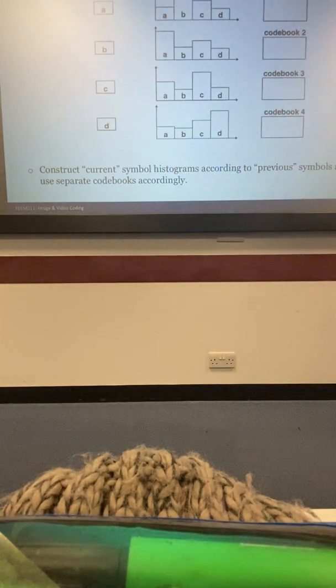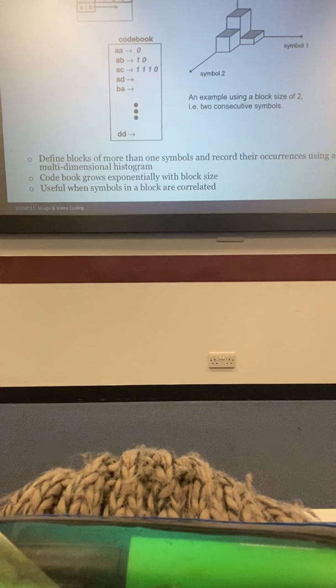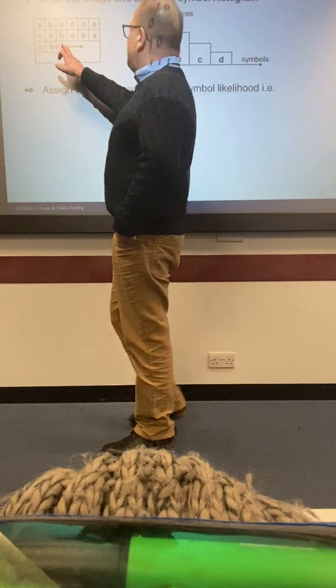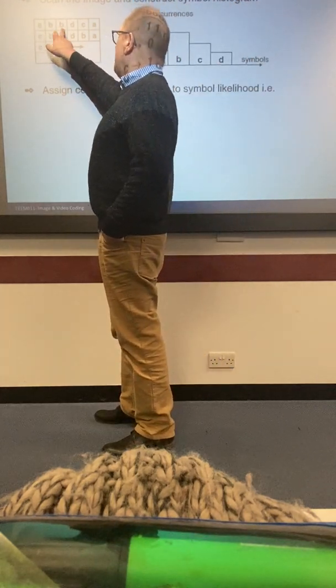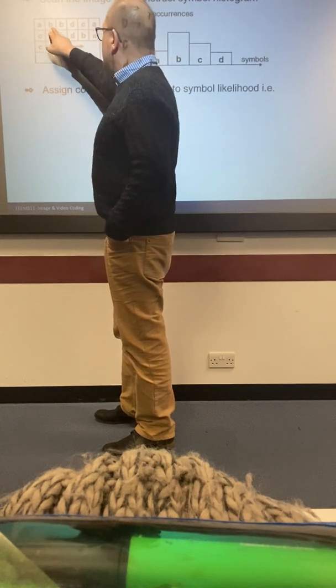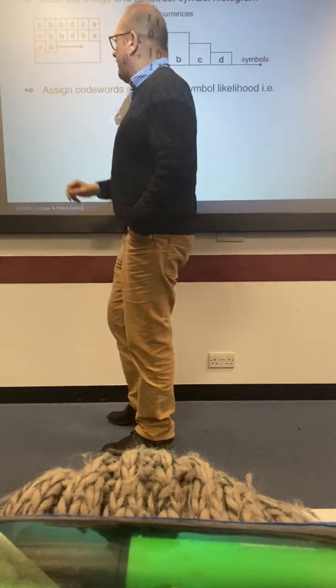Previous symbol means previous pixel. So if I go to the previous example here, we kind of notice that after B, B always happens, quite frequently, okay? So there is some dependency of that symbol on that symbol.